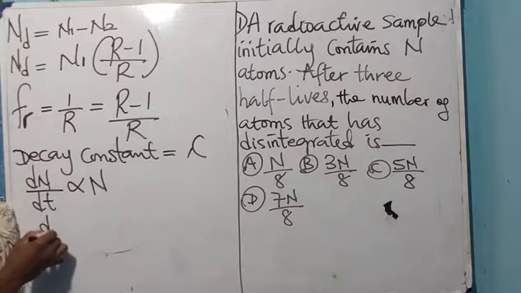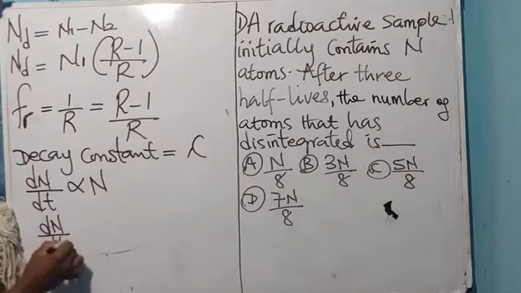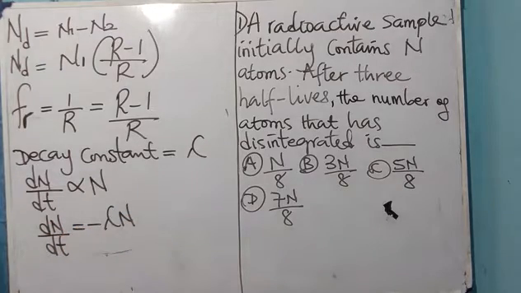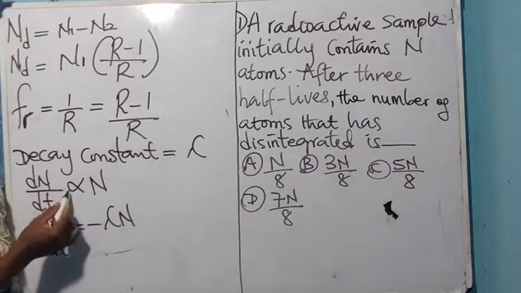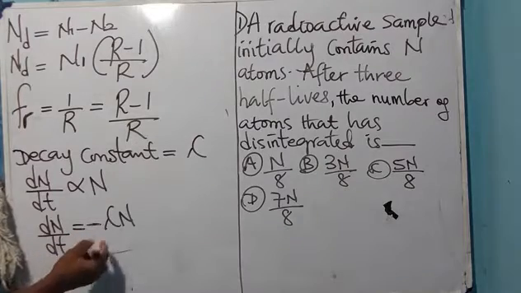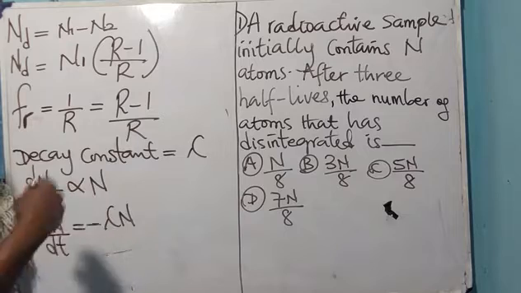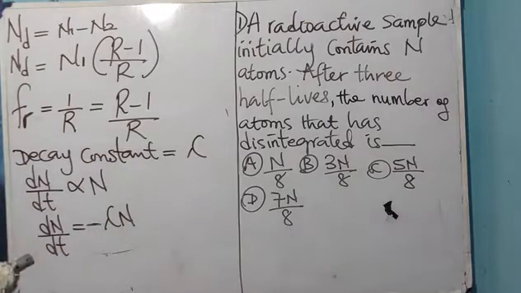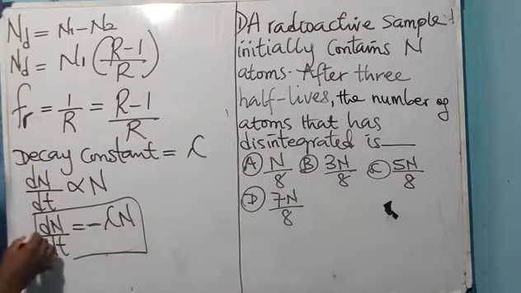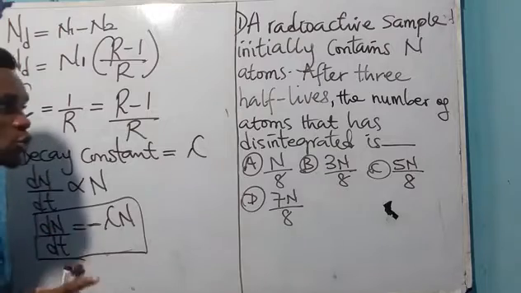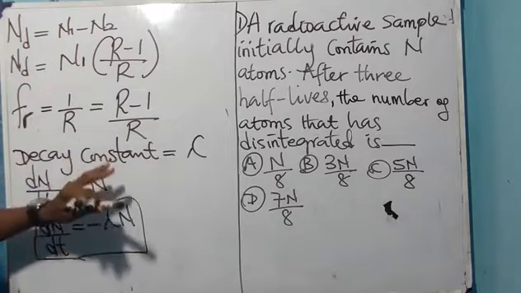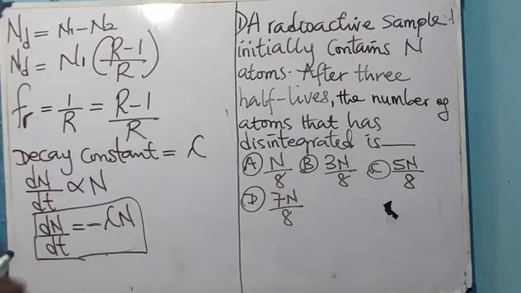I can also say that dN over dt, the rate of decay, is equal to minus lambda N. To eliminate the proportionality sign, I have to introduce a constant, which is this lambda. This N is attached because the number of atoms is becoming smaller. Please take note of this. It is very, very important. But in this video, we are not going to be solving questions on this. We are going to be solving questions on the first ones I gave, apart from this one. But it's good to take note of this.